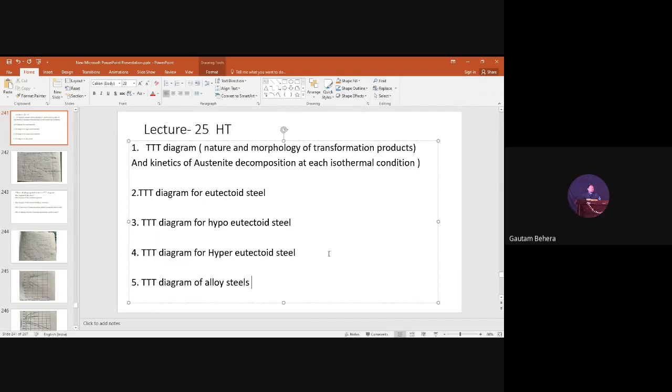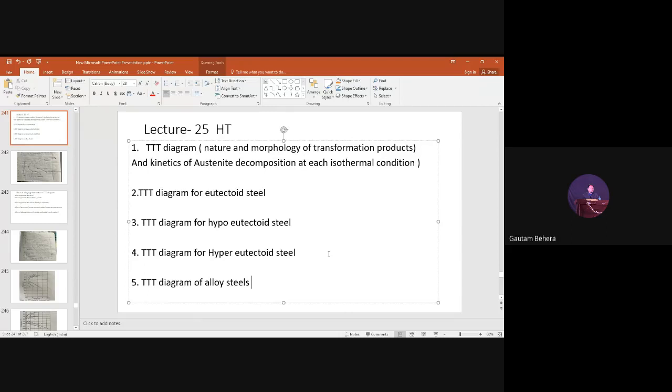That means transformation will not occur at a fixed time. It will take certain time to finish. To get 100% transformation of austenite to different products, it takes some time, right? So these points we have discussed.